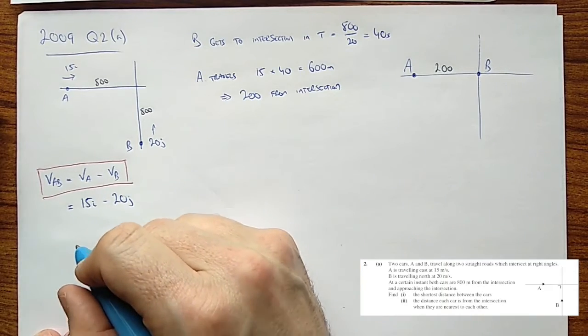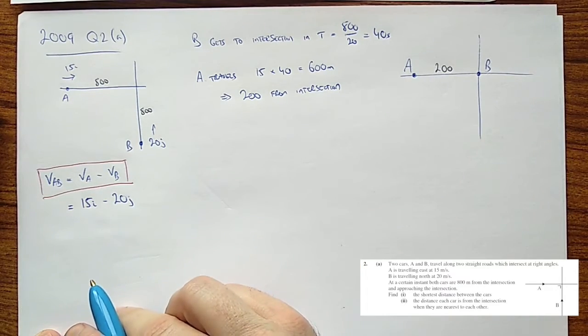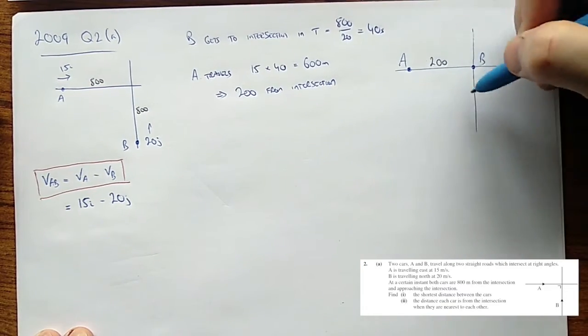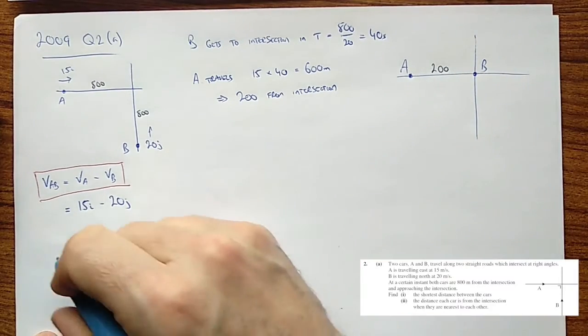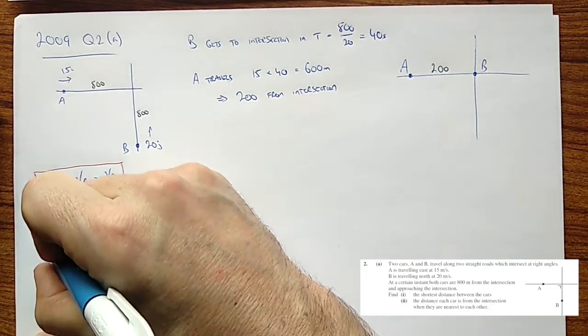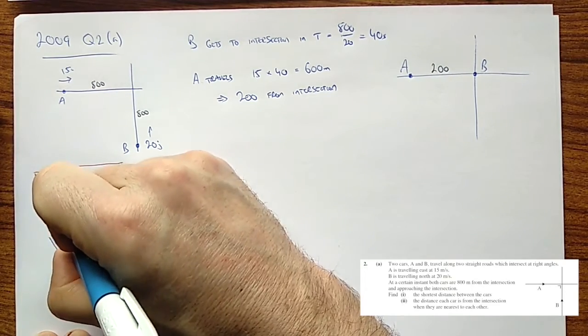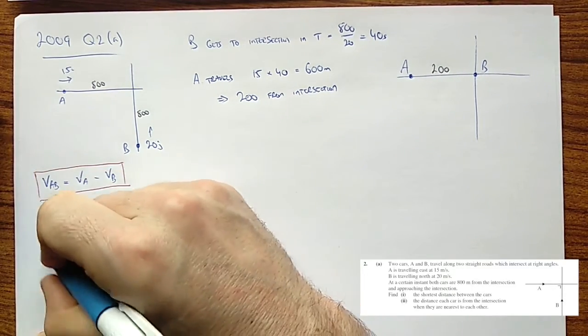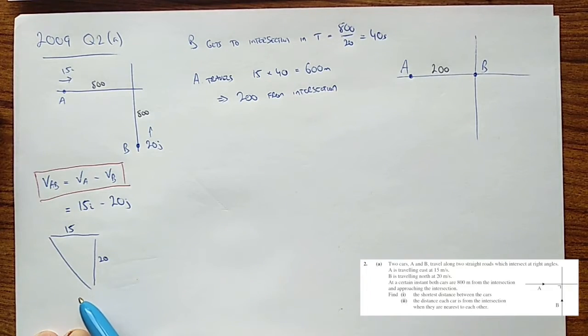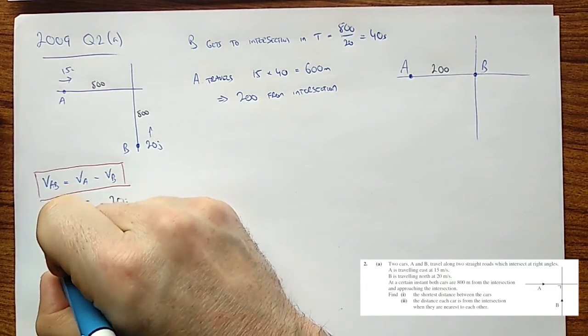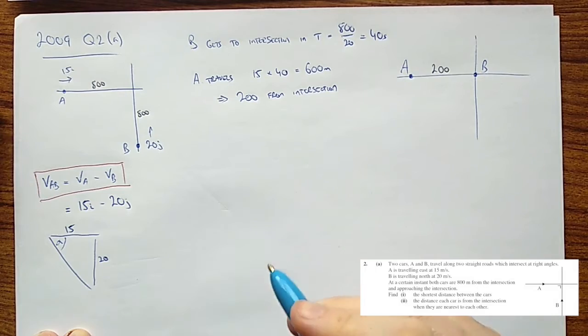We're also going to need to know the magnitude and direction of this velocity, because we want to be able to draw it over here. What's A doing? Okay, so we know that it's going to be something like this, going across by 15, down by 20, and how big is that side going to be? And how big is this angle alpha going to be?